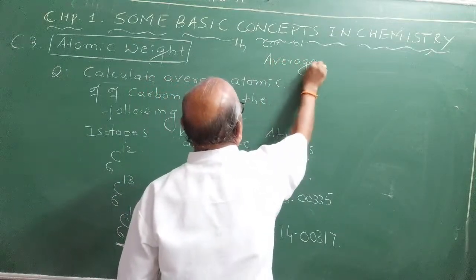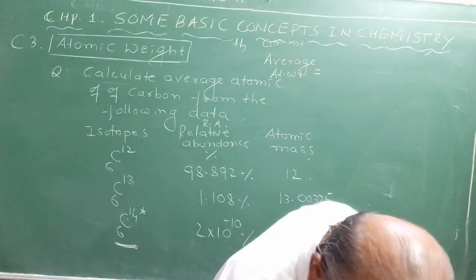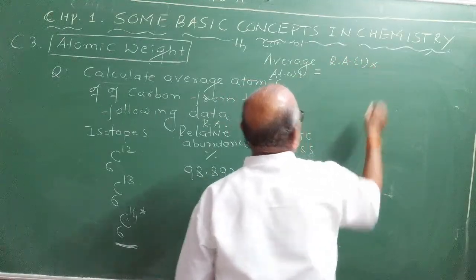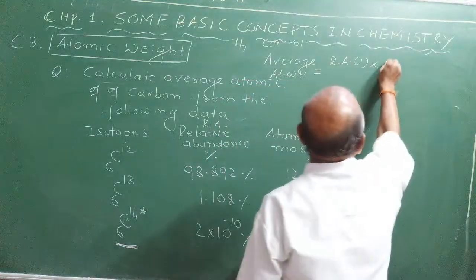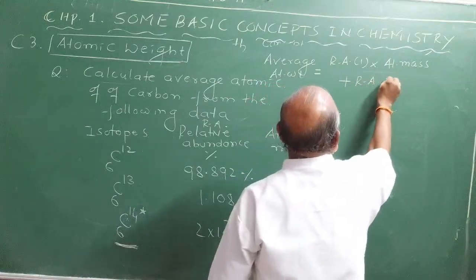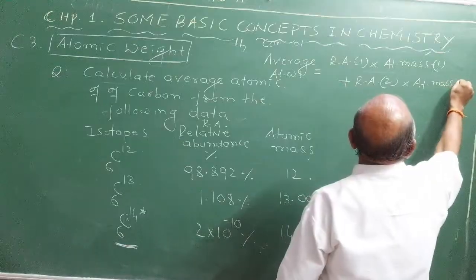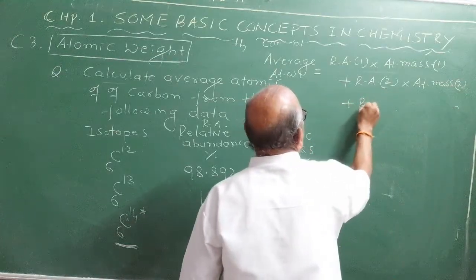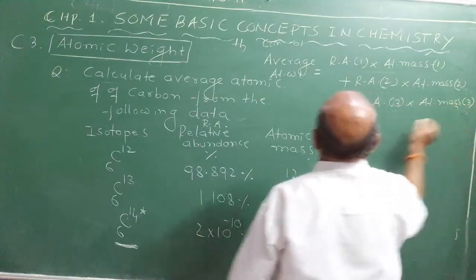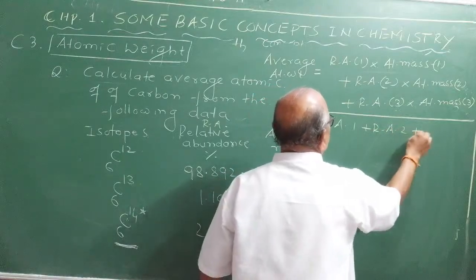Average atomic weight is given by: relative abundance of the first isotope into its atomic mass, plus relative abundance of the second isotope into the atomic mass of the second isotope, plus relative abundance of the third isotope into the atomic mass of the third isotope, whole divided by relative abundance of 1 plus relative abundance of 2 plus relative abundance of 3.